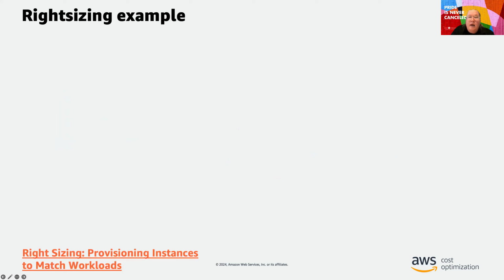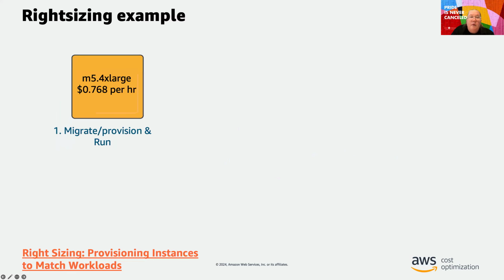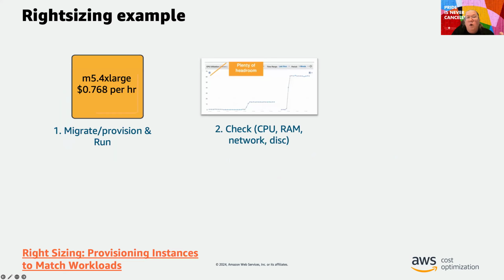So a right sizing example could be like, let's say we are running an instance type that has a price point. We will look at the CPU and RAM and network and disk. And then we might actually realize that we are not using it in the best possible way. So we can actually right size it to a different instance type, which is cheaper.